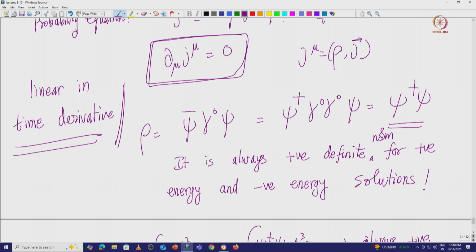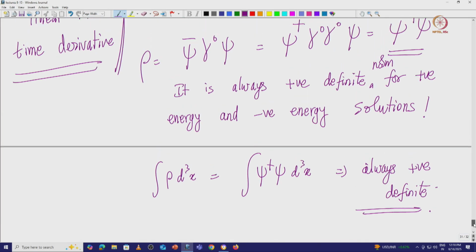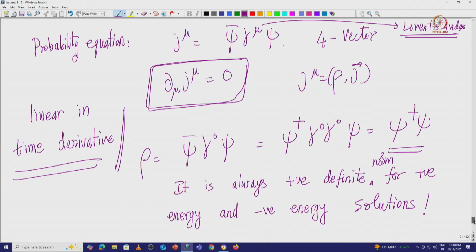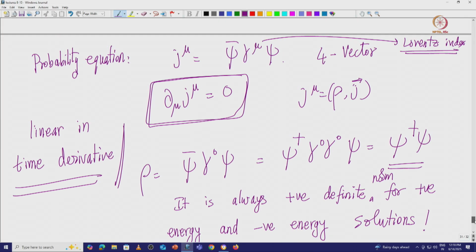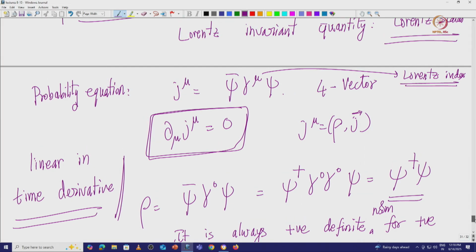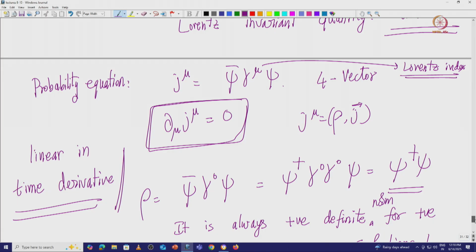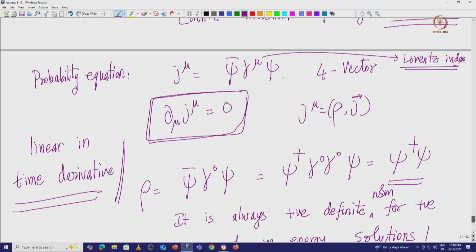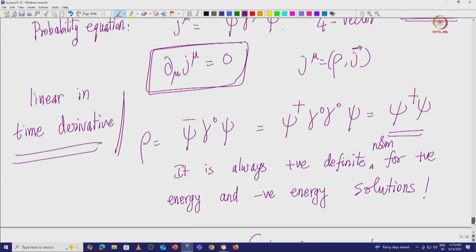So these are the advantages of the Dirac equation.